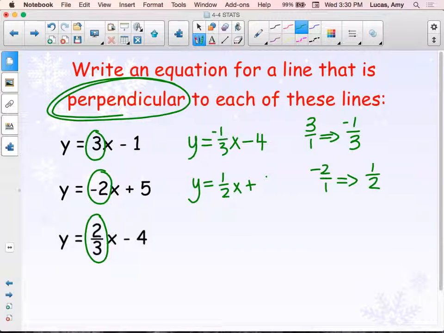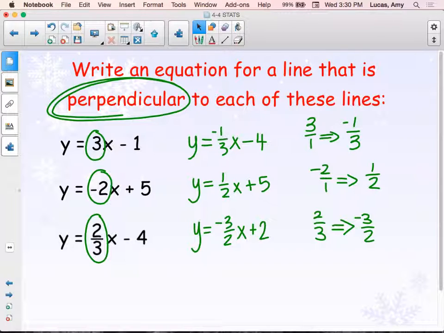You can even keep the intercept the same because the slope changed, so it's not the same line. And the last one, 2/3, flip and change, -3/2. Any intercept you want.